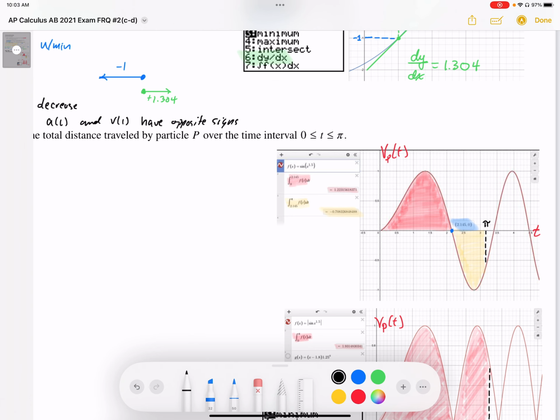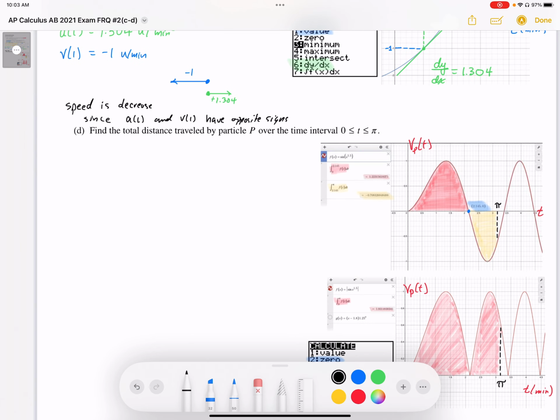So since we want distance, and it's key that we need distance here, not displacement, we need to take all the positive distance and add that to the opposite of all the negative. So we need to make that negative distance positive.